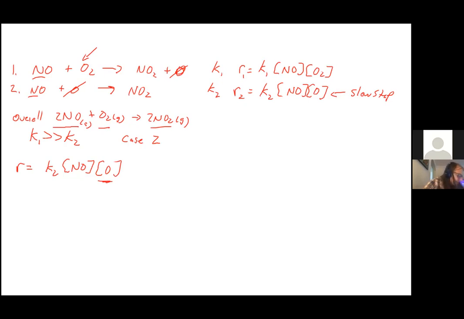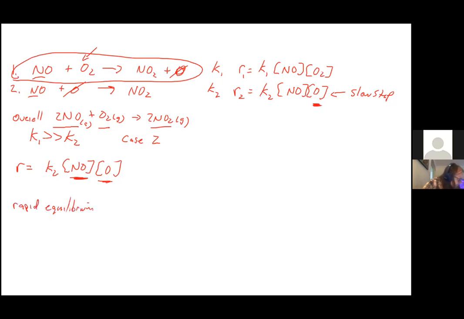Okay, so what I'm going to do is I'm going to say concentration of O, and then concentration of NO here. I'm going to take the first step, and I'm going to say we have what's called rapid equilibrium, which is a topic from the next chapter, which is actually why I didn't make this an assigned problem.